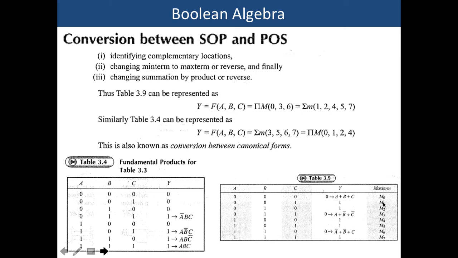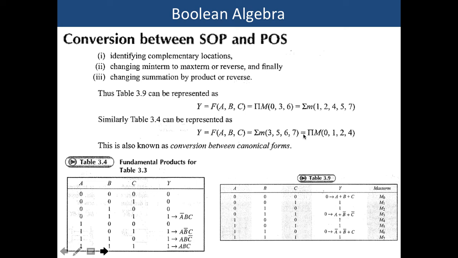So this is 1, 2, 4, 5, 7, related to sum of the product, and this one is related to product of the sum. Now another example: Y is equal to function ABC. This is sum of the product, sigma M 3, 5, 6, 7.